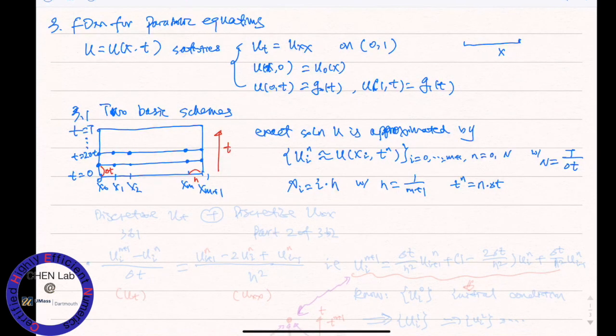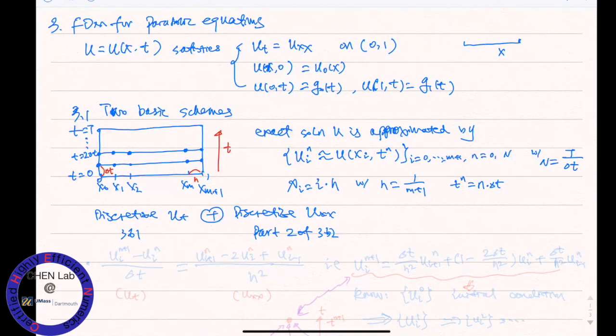So what we need to do is discretize ut, and then we also discretize uxx. From lecture 361 we have a lot of schemes for discretizing ut, and discretization of uxx is part 2 of the 362 that we just did.